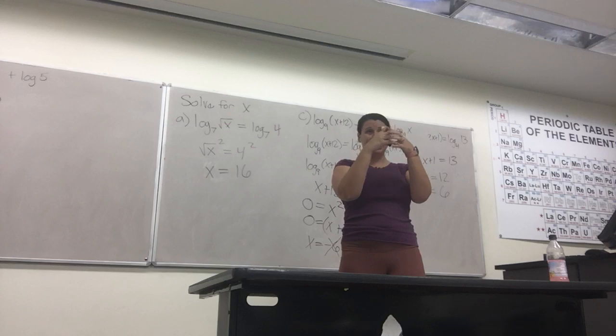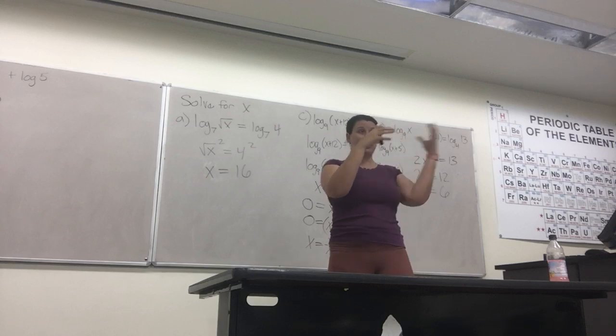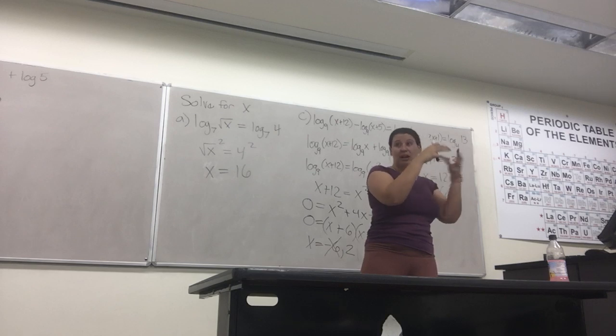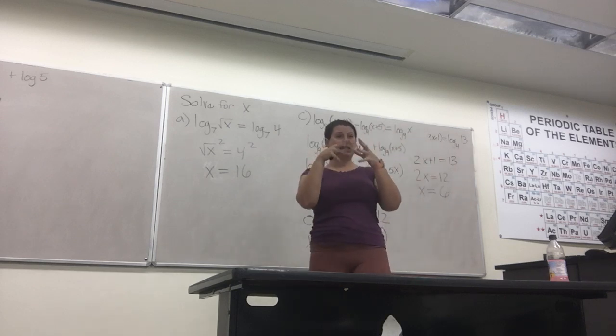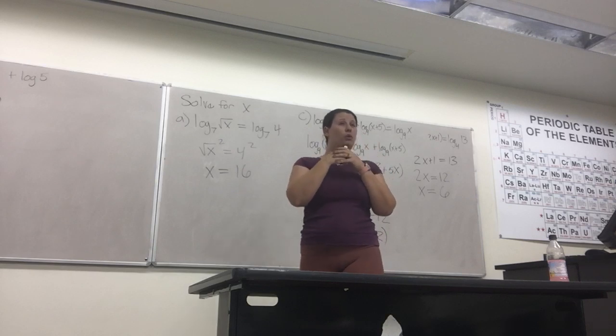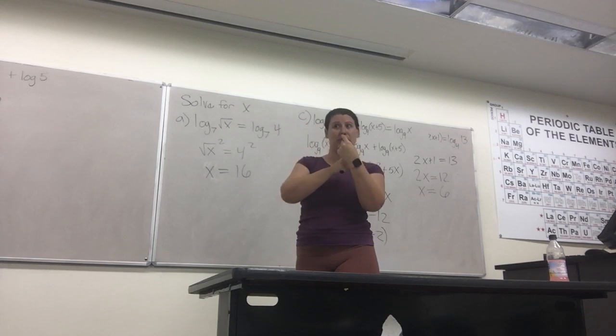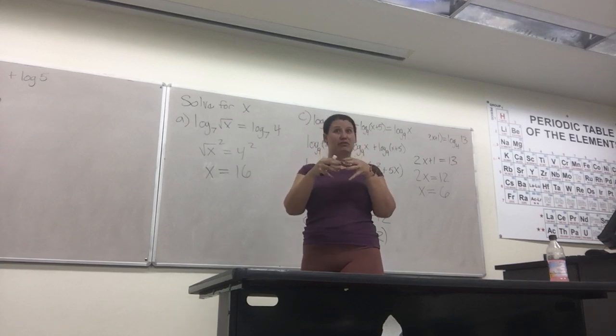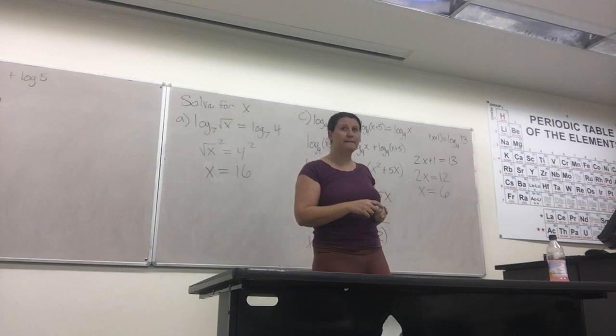The only time we can get to it is if we have another log with the same base, then we can combine it, or coefficients can become exponents, or we can transfer from a log to an exponential, go back into its inverse and flip it around. So that's the only way to affect the inside of a logarithm, okay?